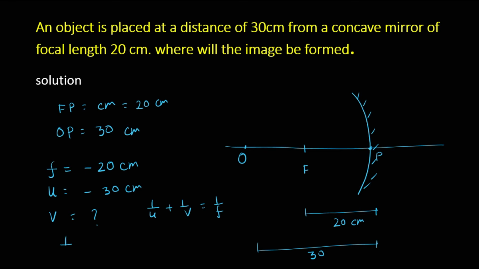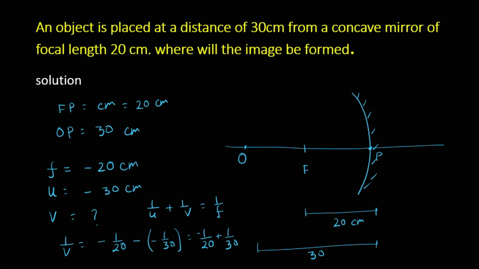So putting in all these values with the sign of each physical quantity, that is object distance and focal length, we can write here 1 over v is equal to 1 over f. f is minus 20, so minus 1 over 20. And minus 1 over u, so u is minus 30, so plus 1 over 30. So 1 over v is equal to minus 1 over 20 plus 1 over 30.